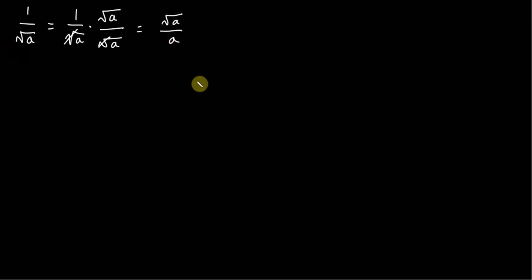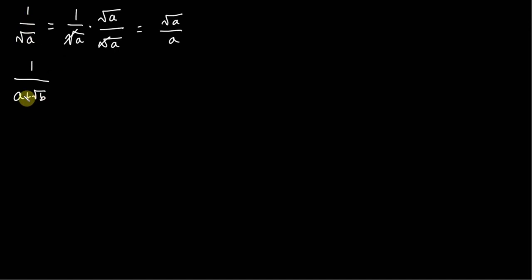The basic principle, or the key intuition I suppose when it comes to rationalizing, is that you want to get rid of the surd in the denominator, okay. You want to move it up into the numerator. So the second rule is, say if you're given 1 over a plus root b, the key idea here is you want to multiply, just as we did here if we had 1 over root a.